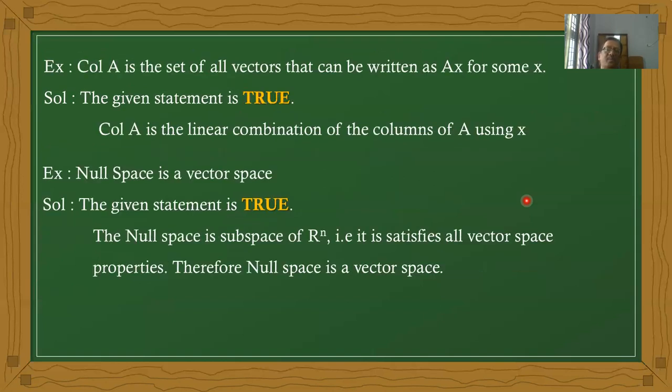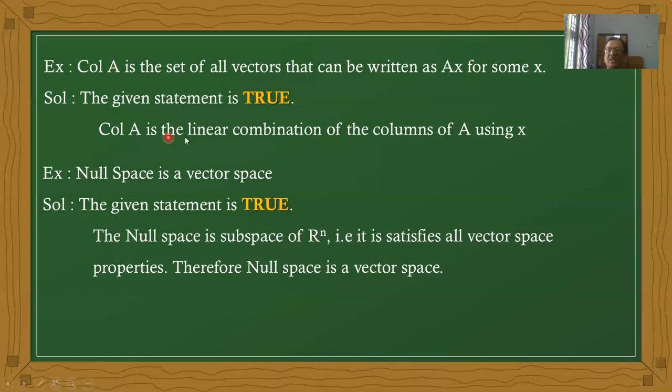And next, column A is the set of all vectors that can be written as Ax for some x. Observe here that column A is nothing but a linear combination of the columns of the matrix A. The given statement is true.